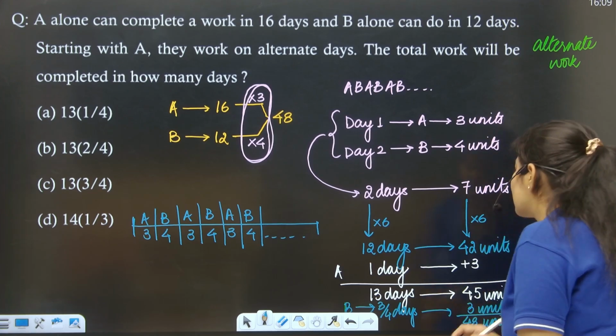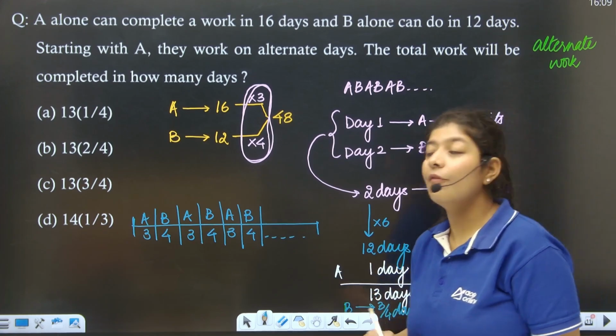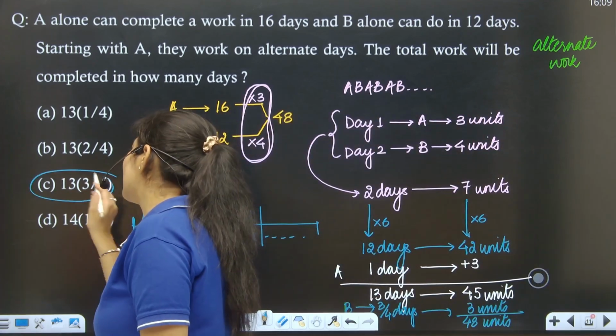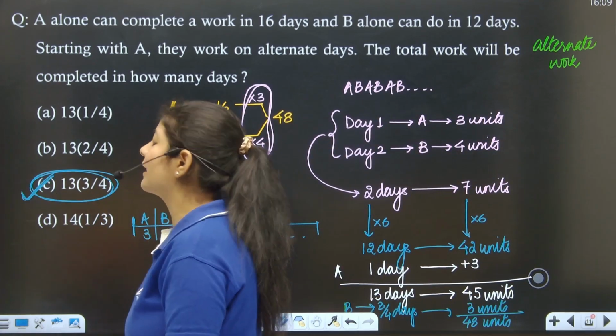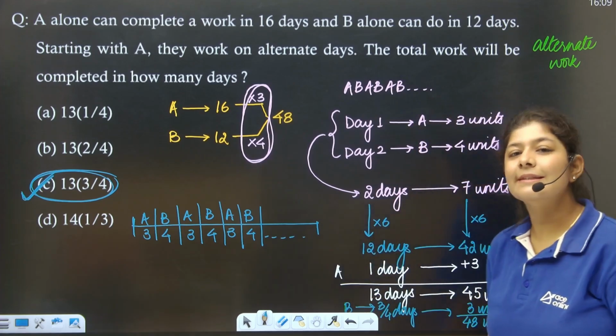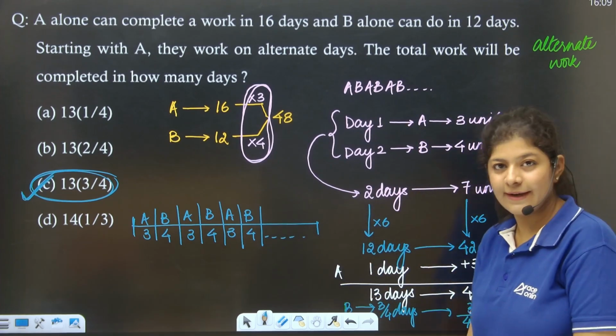The total work is completed in 13 and 3 by 4 days. That means your option number C is the correct one. Very easy, right? Next.